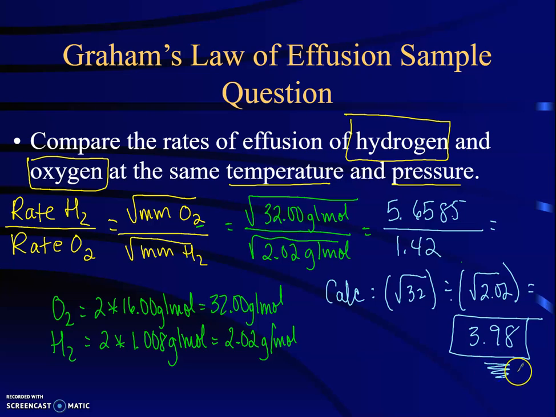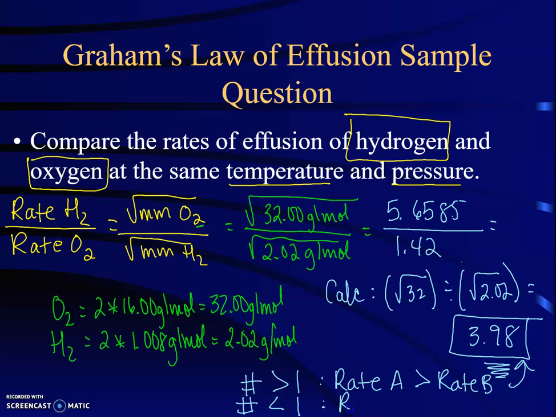So what does this 3.98 mean? If you have a number that is greater than 1, the rate of A will be faster than the rate of B by that factor. If you have a number that is less than 1, the rate of A will be slower than the rate of B by that factor.